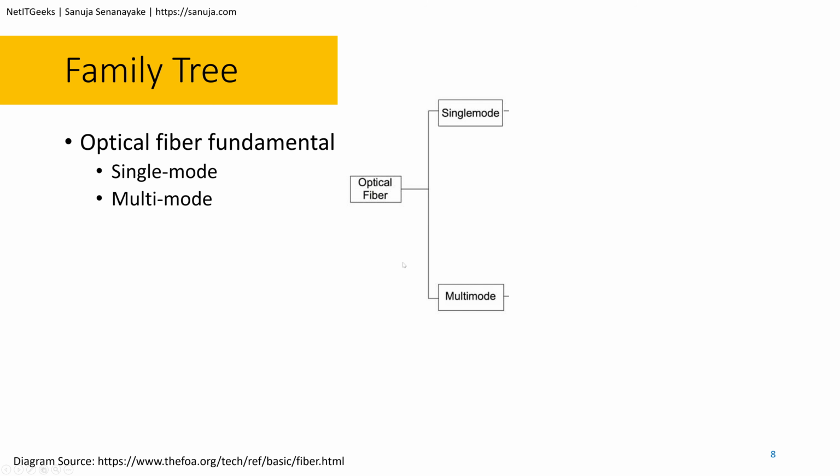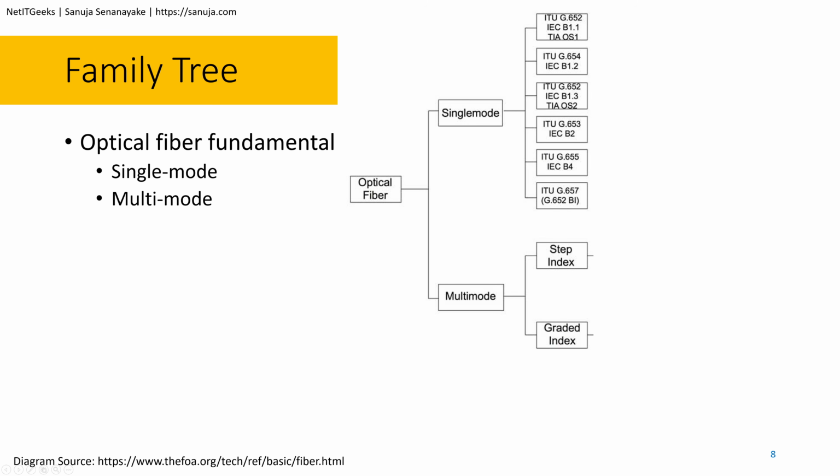But just remember, the fiber optic cable, or optical fiber cable, can be divided into two parts called single mode and multi-mode. That's the first division. The next division is that within the single mode there are different grades of that cable, and you can see those grades up here. In multi-mode, we also have two types called the step index and the graded index.